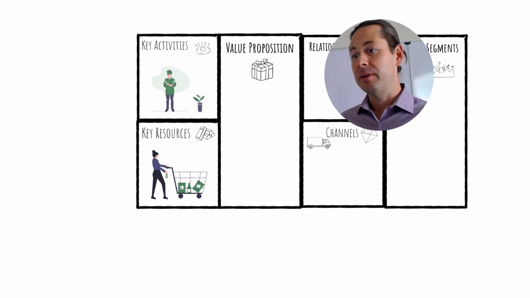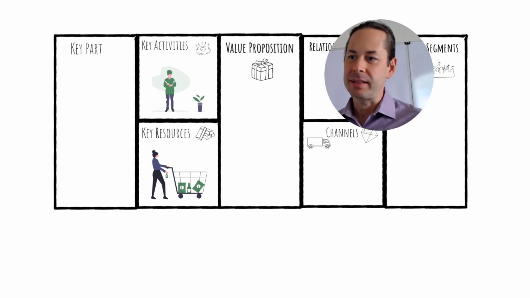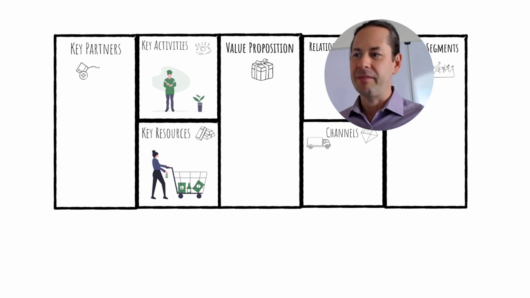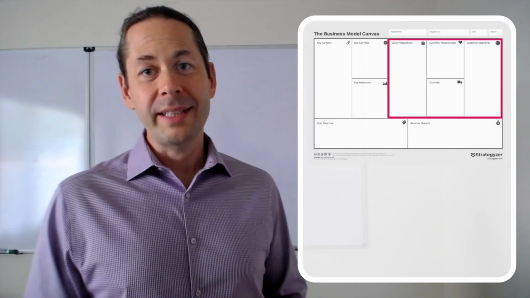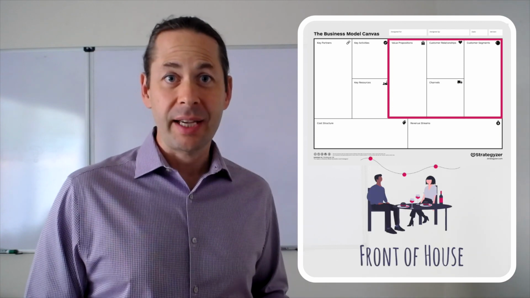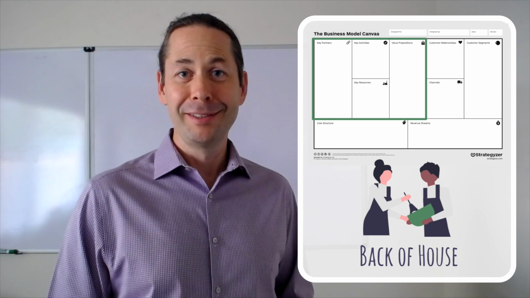These are the people that help us make it happen. In these left side boxes, I like to think of it as the back of house operations. We're really just discussing the people, supplies, equipment, and ingredients we need to make the operation work. So right side equals front of the house and left side equals back of the house. I feel like that's pretty cool.